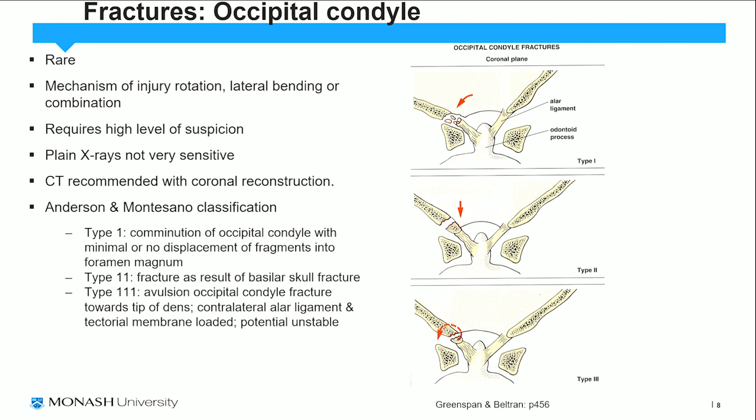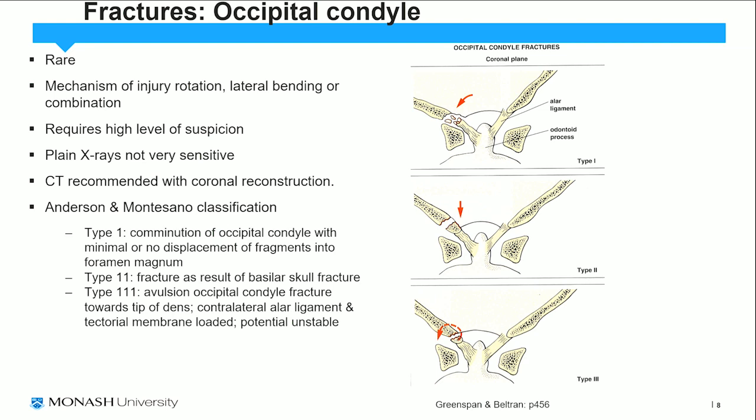Now, Anderson and Montesano has a classification for occipital condyle injuries. Type 1 is comminution of the occipital condyle. There is minimal or no displacement of the fragments into the foramen magnum, as the alar ligament keeps it intact. Type 2 is a fracture as a result of the basilar skull fracture, and the alar ligament still keeps it intact.